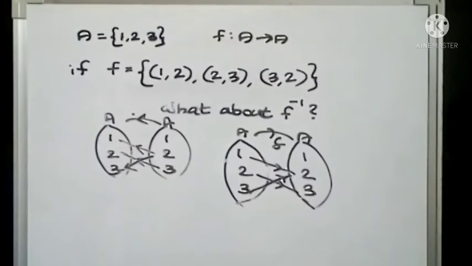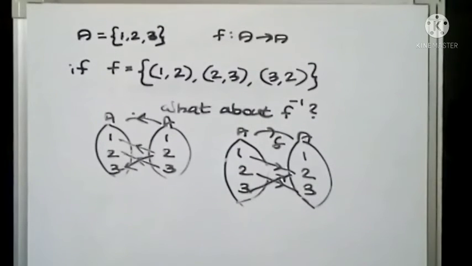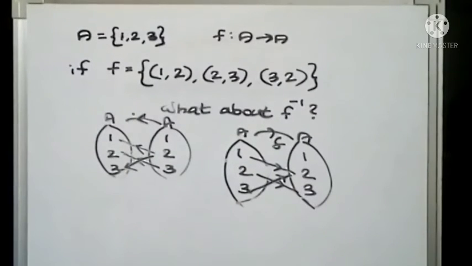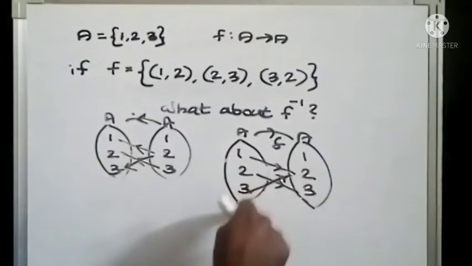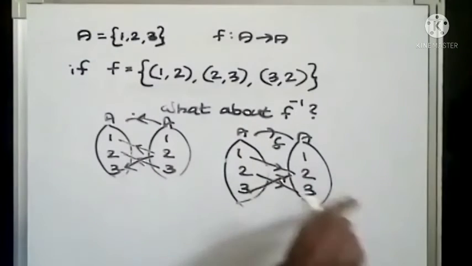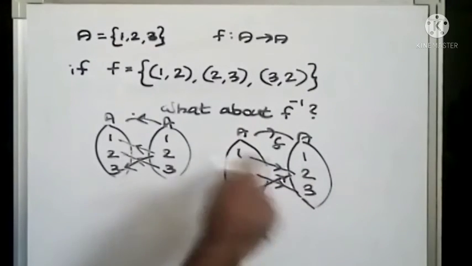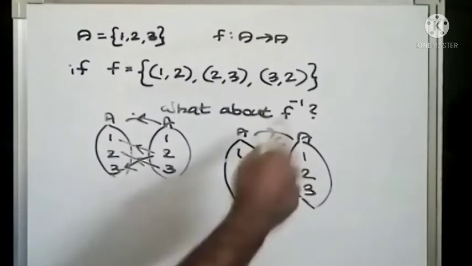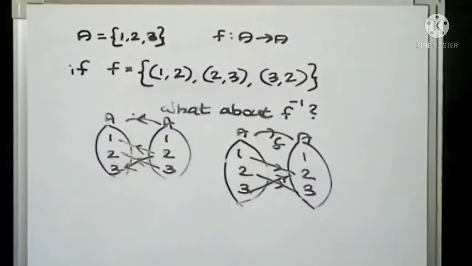Theoretically, we have said earlier that for F inverse to exist, the function should be both 1-1 and onto, or it should be a bijection. Here, the given function is not a bijective function. It is not 1-1 because 2 has 2 pre-images, 1 and 3, and the element 1 in the codomain has no pre-image in the first set.